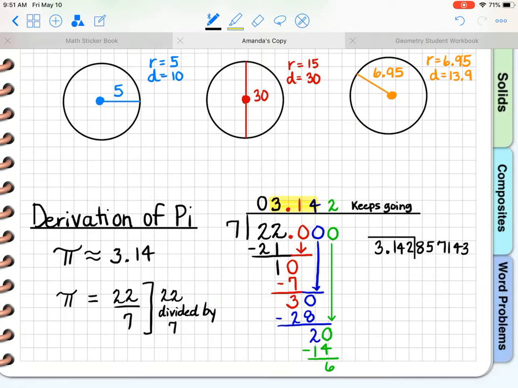I got this far, but then I stopped because I ran out of room down there at the bottom. But if you kept dividing it on out, you would get that number and then some. But for us, the point that I'm trying to make, when you need to use pi in your problem, we're going to use 3.14. Unless we're told otherwise, we will not use the fraction. We'll just use the 3.14.